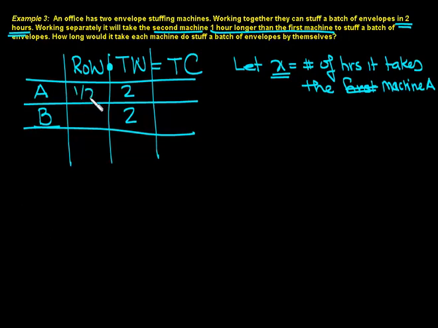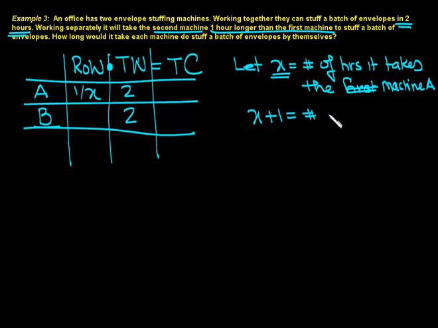It'll be 1 over x. Okay, that'll be the rate of work for machine A. Alright, how long will it take machine B to do the job? According to this, what does it say? Working separately, it takes the second machine 1 hour longer than the first machine to do the job. So then it would take x plus 1 hours.